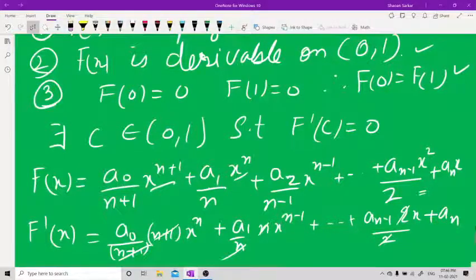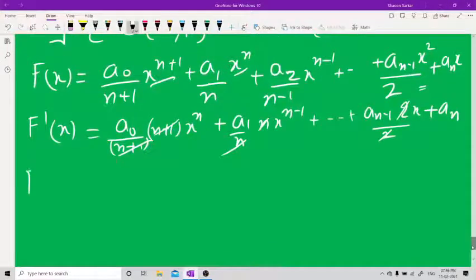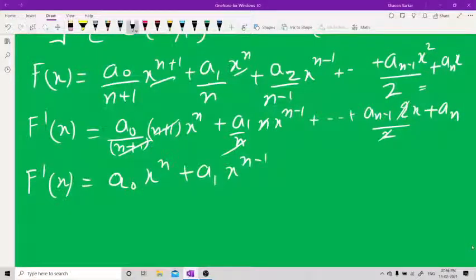So what you are left with, f dash x is a0 x to the power of n plus a1 x to the power of n minus 1, and so on up to a n minus 1 x plus a n. Now f dash c is 0.